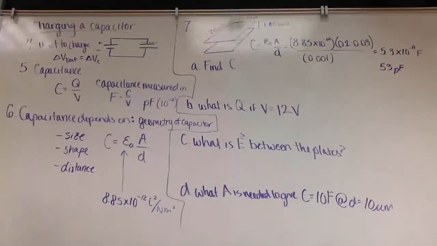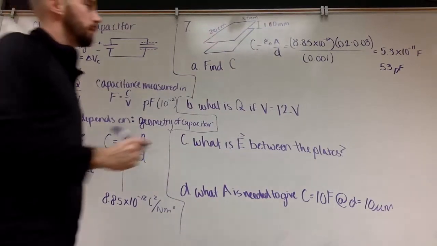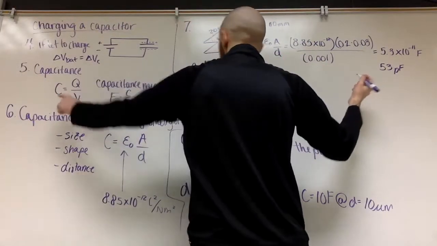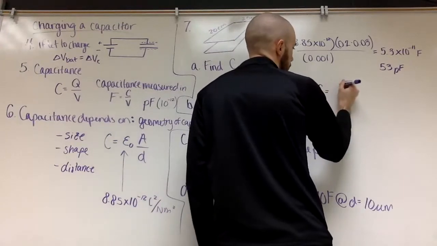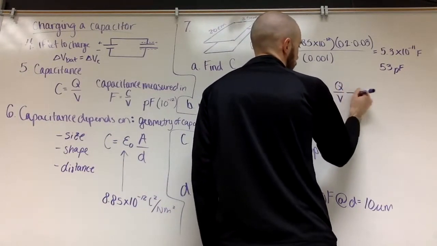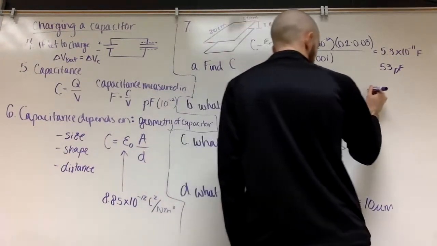All right, next up, we want to find what is Q if our voltage across it is 12. Simple enough, we use our capacitance formula right here. C equals Q over V. We'll rearrange it.